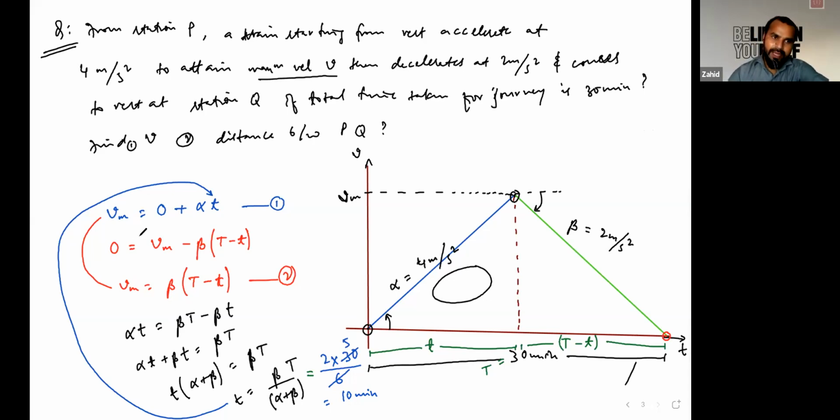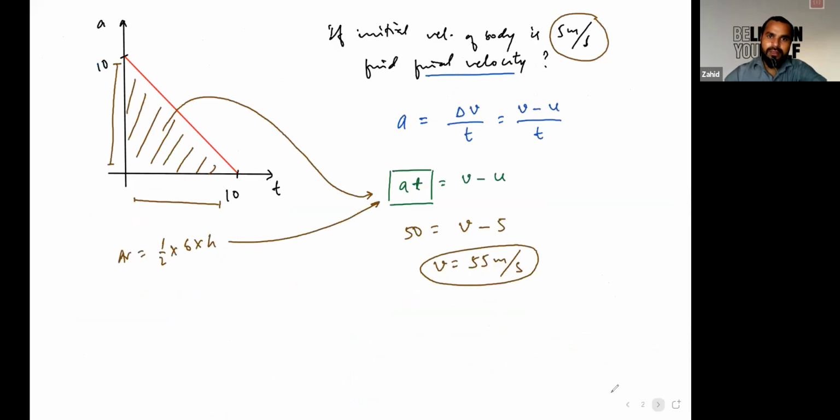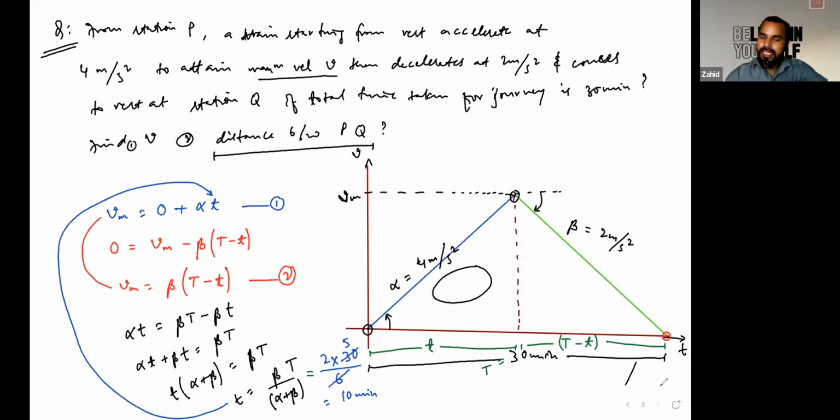So we have done V max. Now the next part is to calculate the distance between P and Q. We have velocity and time graph. How to calculate displacement for this particular graph? We have just defined you. Area under velocity time graph will give you displacement. So just try to take the area of this particular entire region.